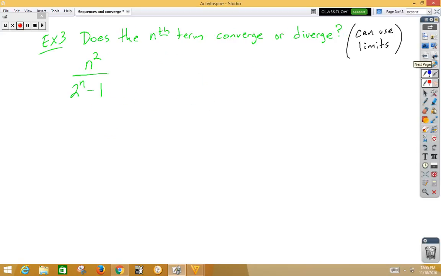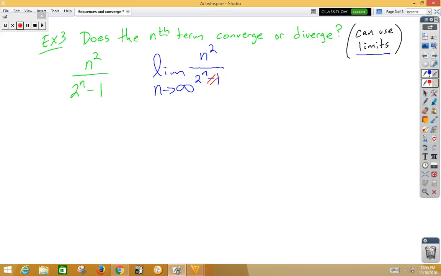Let's take a look at another one. So does the nth term converge or diverge? Again, to answer that question, we can use limits. So let's take the limit as n approaches infinity of n squared over 2 to the n minus 1. Well, if you remember what I taught you about AP and one of its favorite tricks, first of all, we can, for the moment, ignore the negative 1.